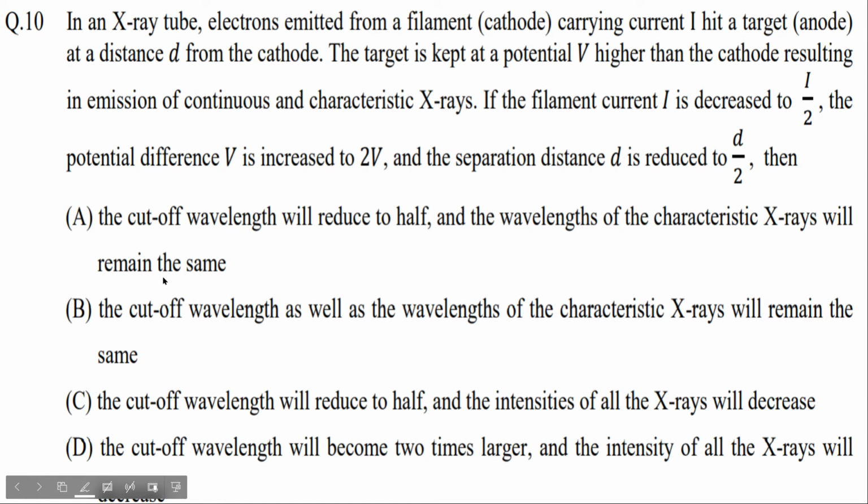I hope you read it. So I'm moving forward. We have that in an X-ray tube, electrons are emitted from a filament, that is cathode, carrying a current I, that hit a target anode at a distance d from the cathode. So let us draw this. Let us say that this is the cathode.